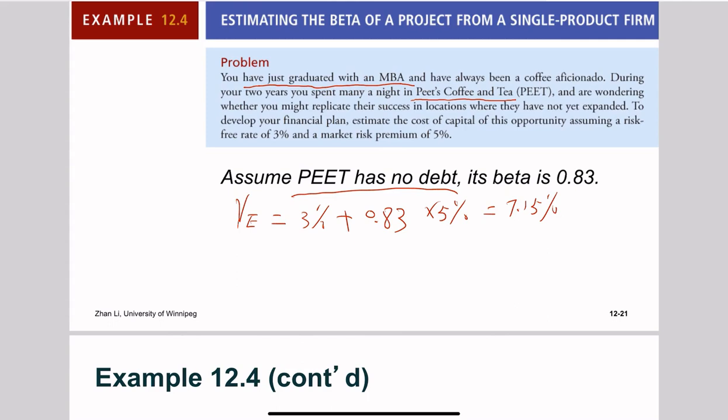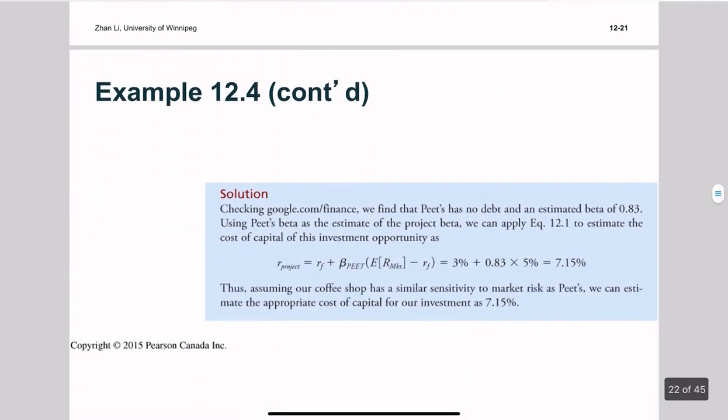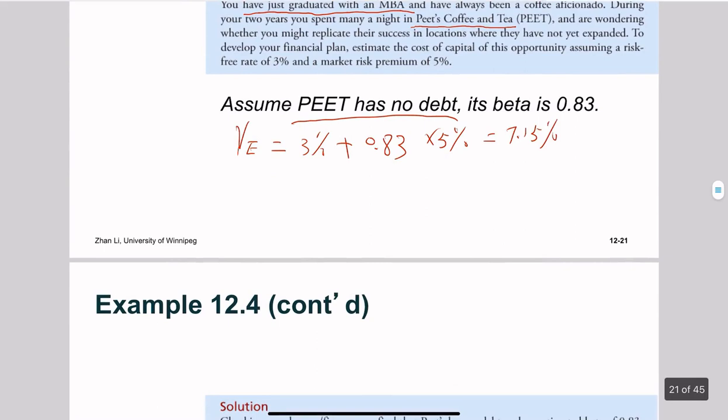Right? Okay. One question you might have is how do you get this data? If you look at the problem, it says that checking google.com finance, we find out that Peet's has no debt and an estimated beta of 0.87. If you actually do this, first, you will not find Peet's Coffee and Tea.